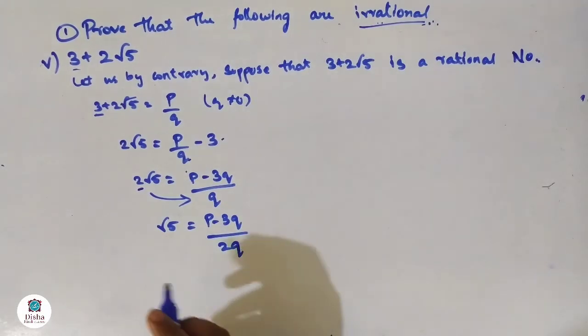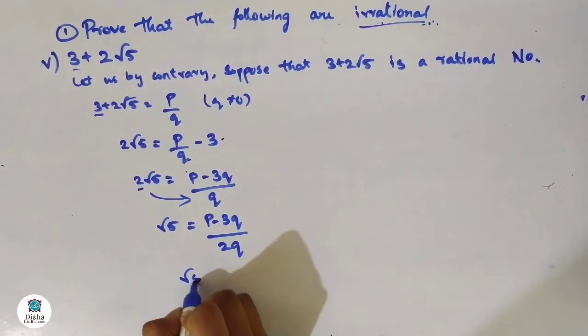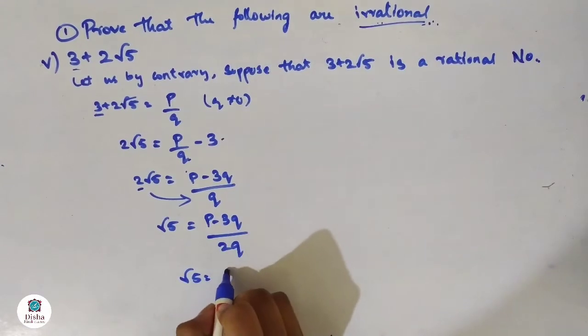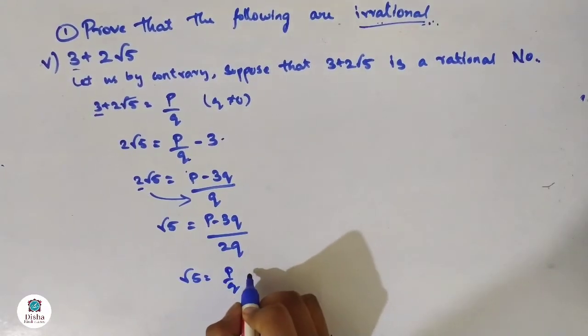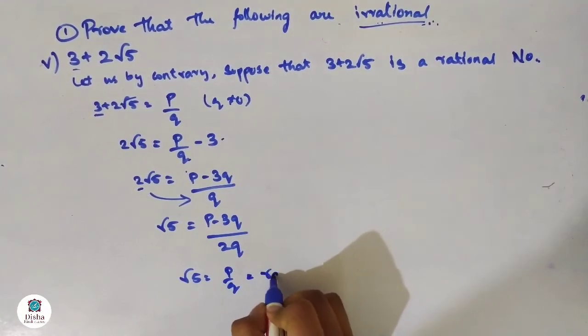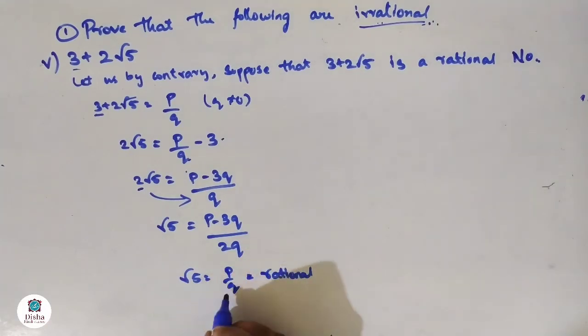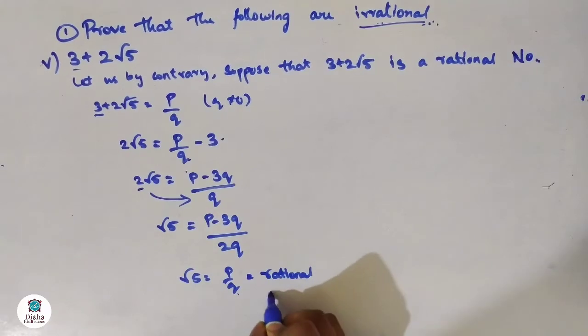So root 5 is in the form of p by q, right? Therefore, it is a rational number.